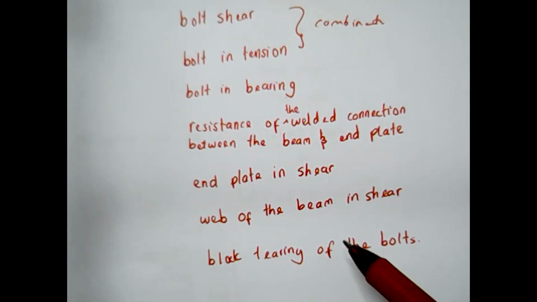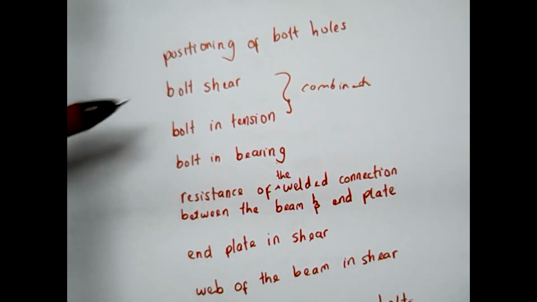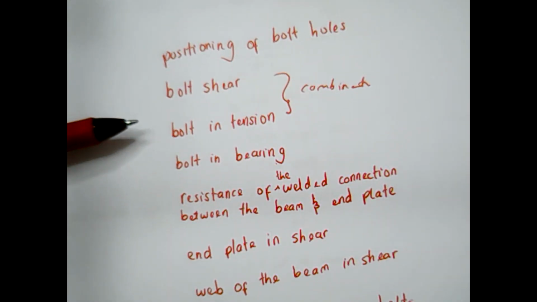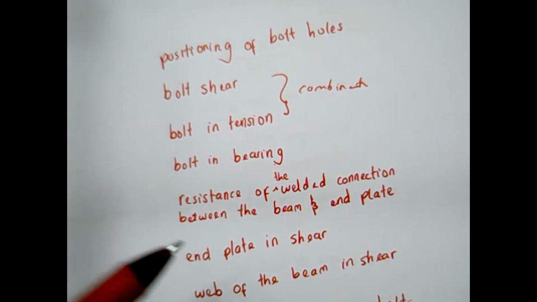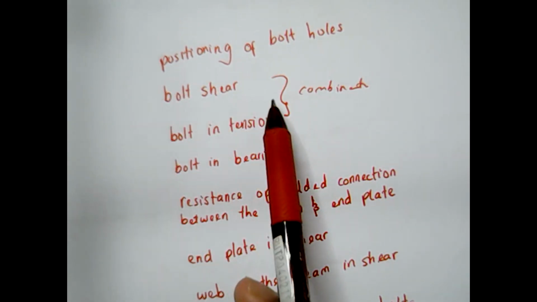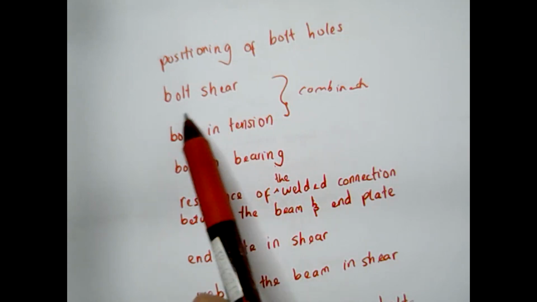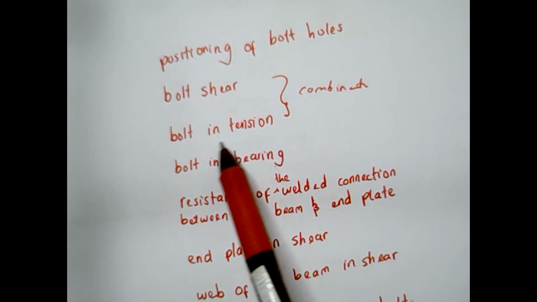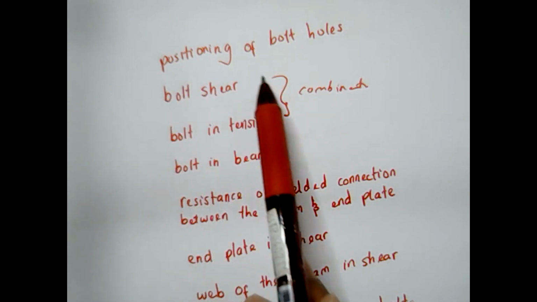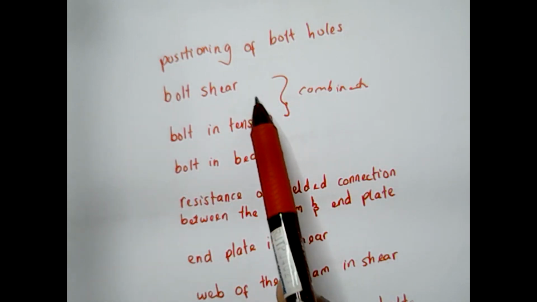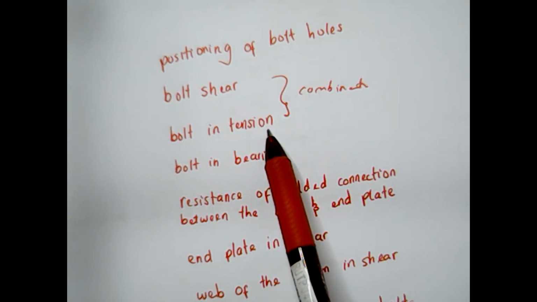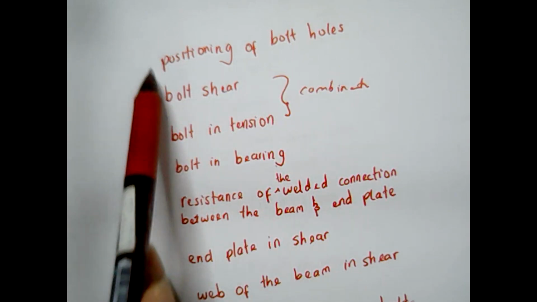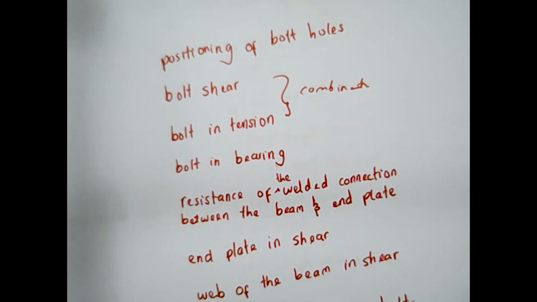Block tearing also has been explained in the previous examples. So only the combination of bolts acting in shear and tension has not been shown in any other examples. So for these examples I will only show how you need to check the verification of bolts under combined shear and tension, because the rest of the other failure mechanisms have been shown in other examples, and the concept is there.